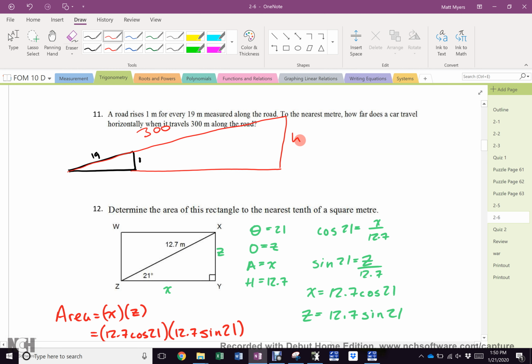What is the same? That angle. Yes? So if I know that angle in the black triangle, do I know it in the red triangle? Yes. So that angle is shift sine of 1 over 19. That will give me the black angle, yes? Everyone agree?